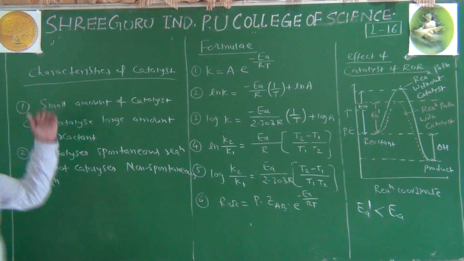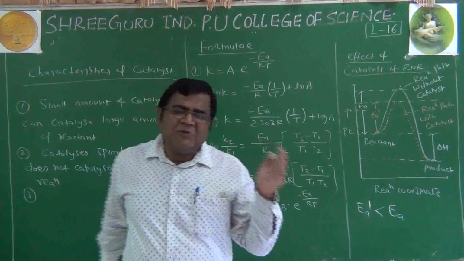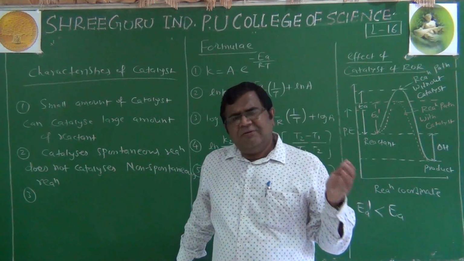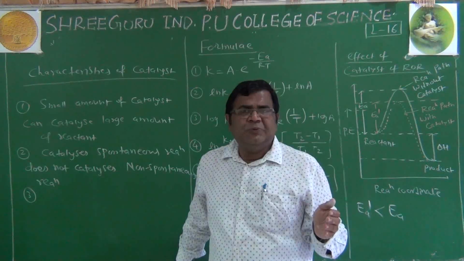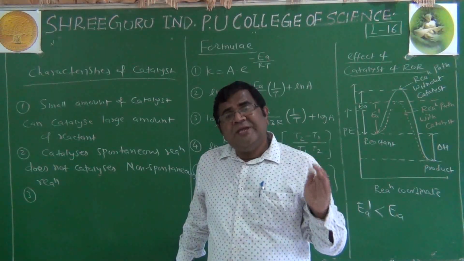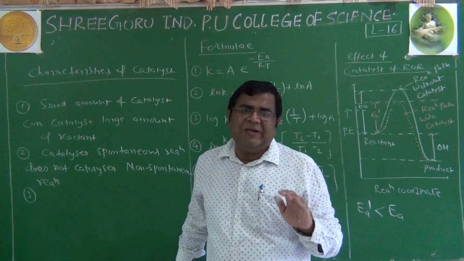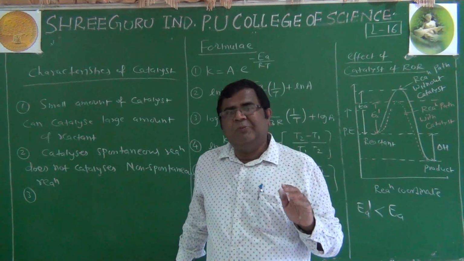If a reaction is to be spontaneous, it will be spontaneous. How to judge that? We know the criteria, delta G should be negative. It doesn't mean that those reactions which are not spontaneous can be completed with the help of catalyst. Remember this very important point.